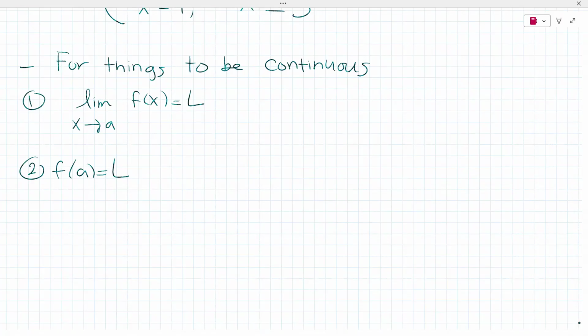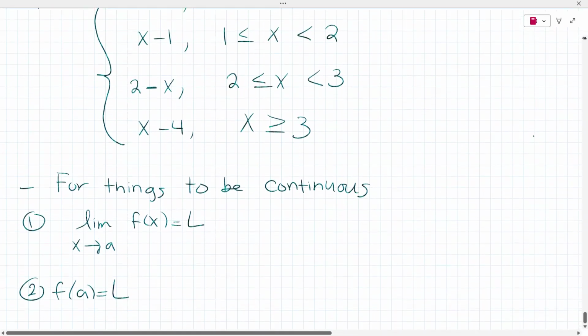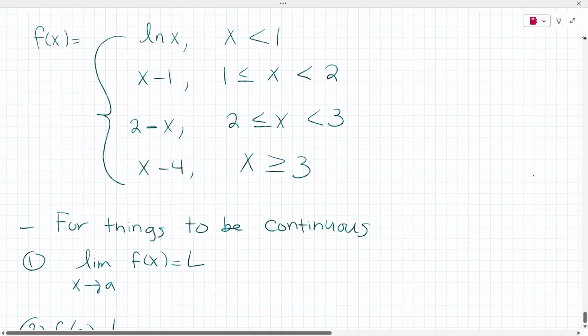So what we're going to do is plug in 2 into the second equation, since they both have a 2. If you look at the first two equations, they both have the x value 1, right?